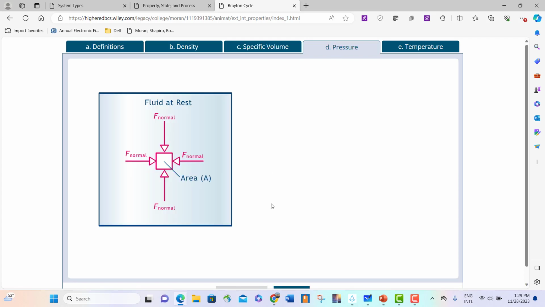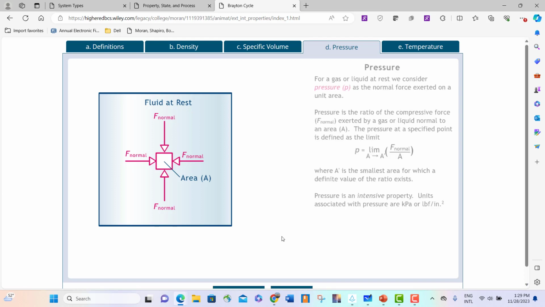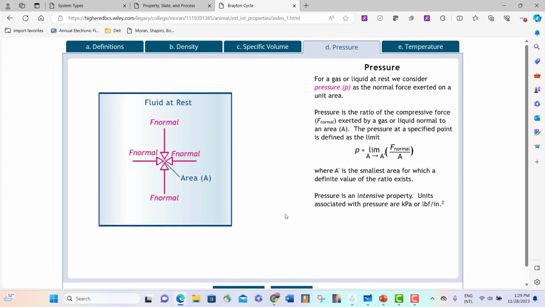Let's look at pressure. Okay, so this is a fluid at rest. And this F normal, that's force normal to the area. And then this is the area. Let's see what happens when we apply some pressure. Of course, the area gets smaller, right? And this is taking the limit of A going to A prime. So for a gas or a liquid at rest, we consider pressure as the normal force exerted on a unit area, right?